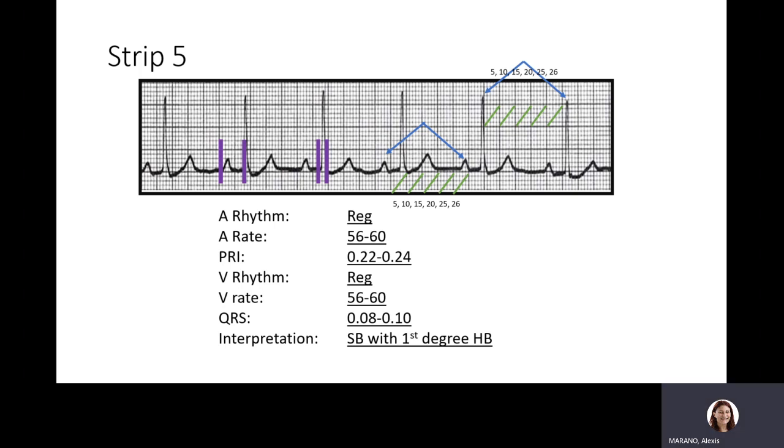Our rate, again, between 56 and 60. Our QRS complex is measuring 0.08 to 0.10. And so our interpretation here is sinus brady with a first-degree heart block. If you got a rate of 60 and you answered sinus rhythm with first-degree heart block, that will also be correct. When testing, you will not have a rate that is right on the border between sinus brady and sinus rhythm.